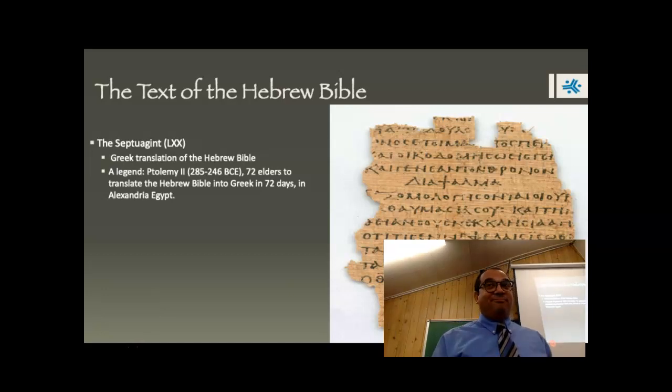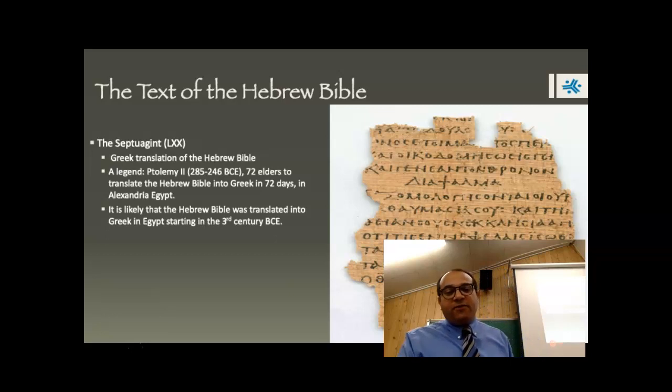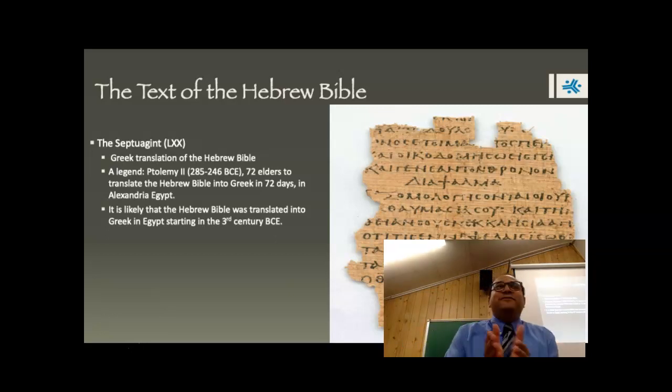That's pretty fast to do that. And it's problematic because even the Greek translations of the Bible are multiple. It's not just one Greek translation of the Bible. There are multiple Greek translations of the Hebrew Bible. It's likely that the Hebrew Bible was translated into Greek in Egypt in the 3rd century BCE, but not necessarily in 72 days by 72 people.